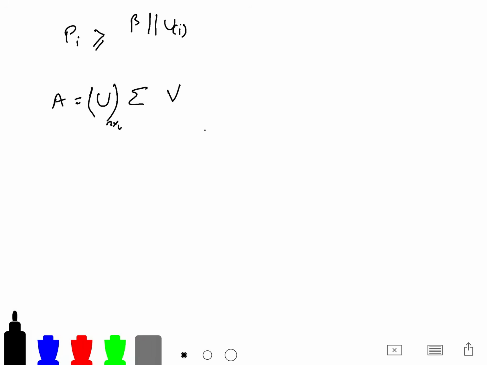U is n by rho, sigma is diagonal and rho by rho, and V is the right singular eigenvectors, rho by d. In the previous algorithm, of course, rho is the rank of A.